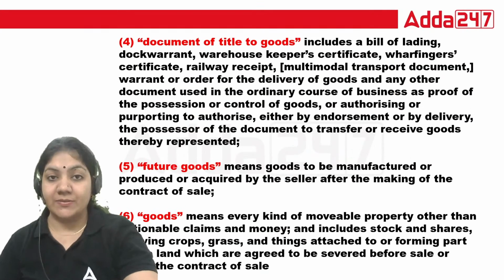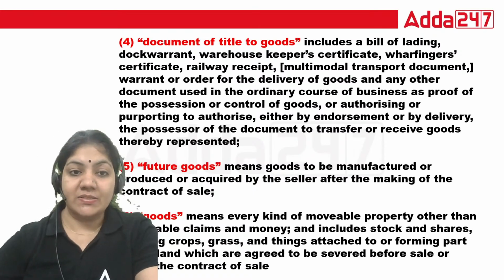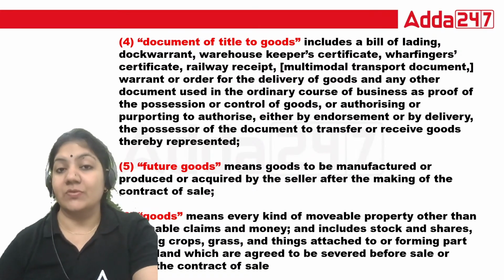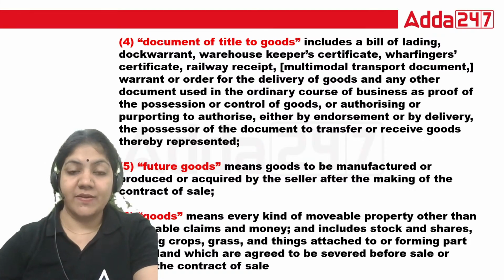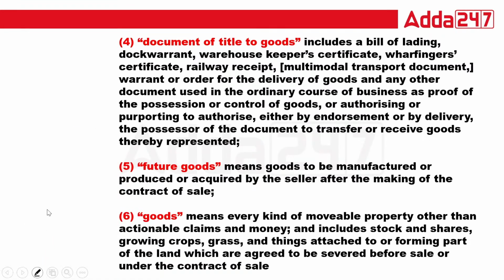Now class, what is a document of title to goods? This is a very important definition. A document of title to goods is basically a document which shows that person X is the owner.